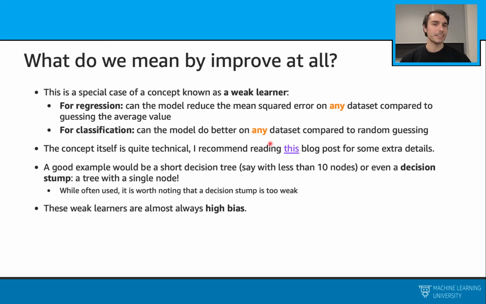So I explained this in simple words, but the concept is quite technical actually. So you can take a look at this blog post for more details about that. A good example for a weak learner is a short decision tree, for example, a tree with less than 10 nodes, or even a decision stump, which is made of a single node.